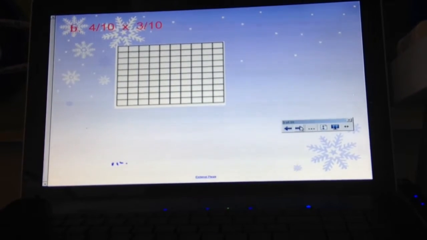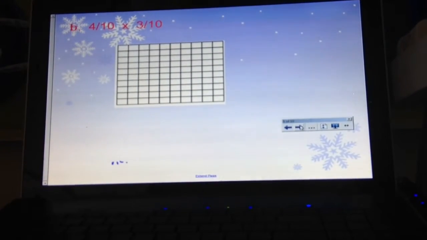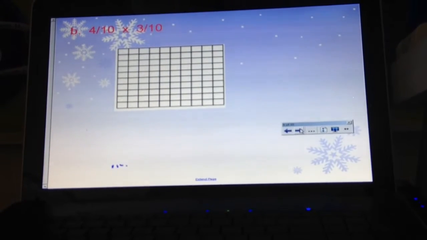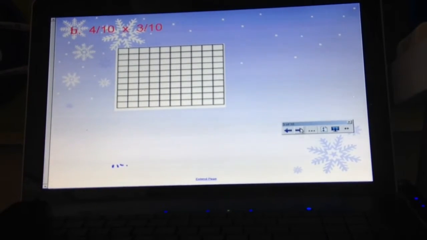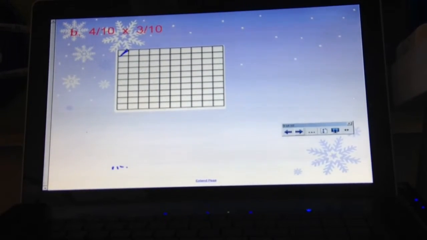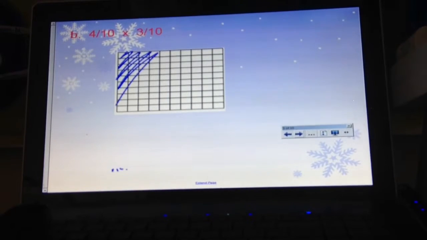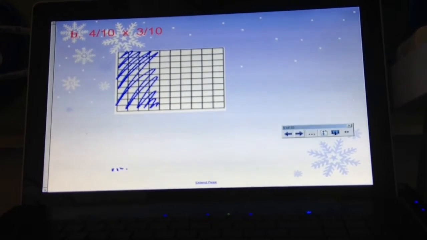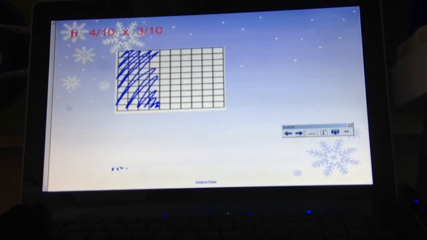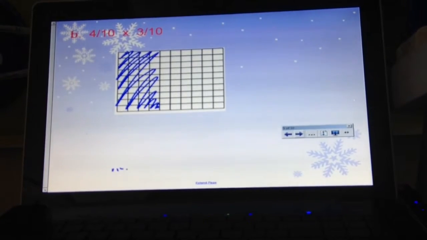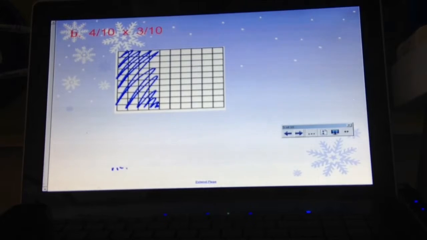So this one shows 4/10 times 3/10. Again, I'm going to shade in opposite directions to represent the 4/10 and then the 3/10. So I want to show 4/10 vertically. So there's my 4/10, and then I want to show 3/10 horizontally.